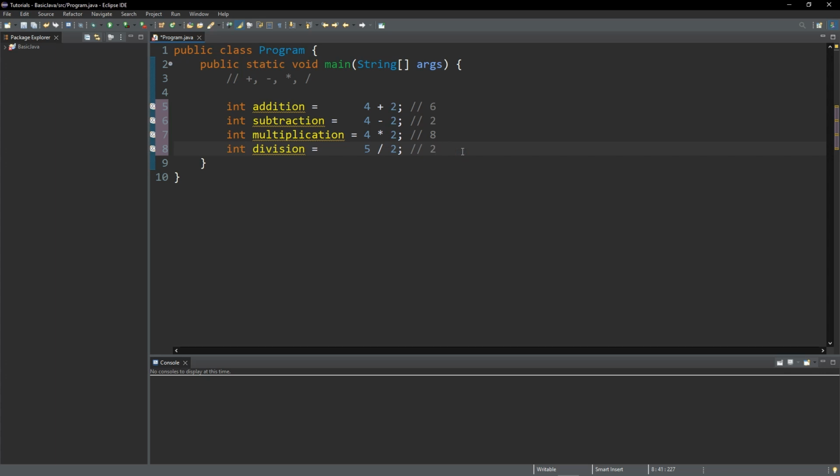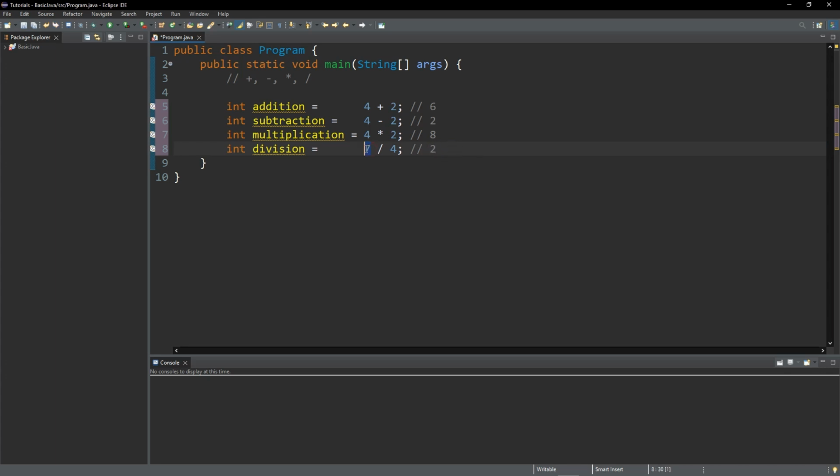If we were to have 7 divided by 4, this is 1.75. This still cuts off the whole thing to make it into 1. It is not going to round up, okay? It always cuts off that decimal point.